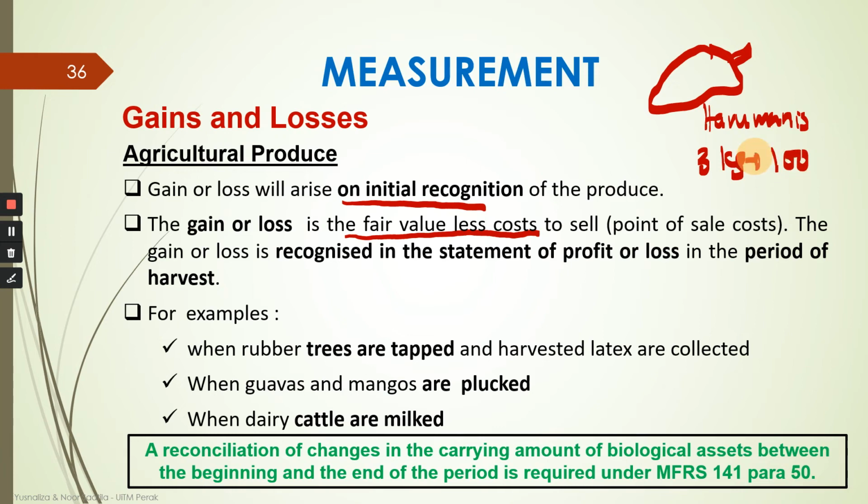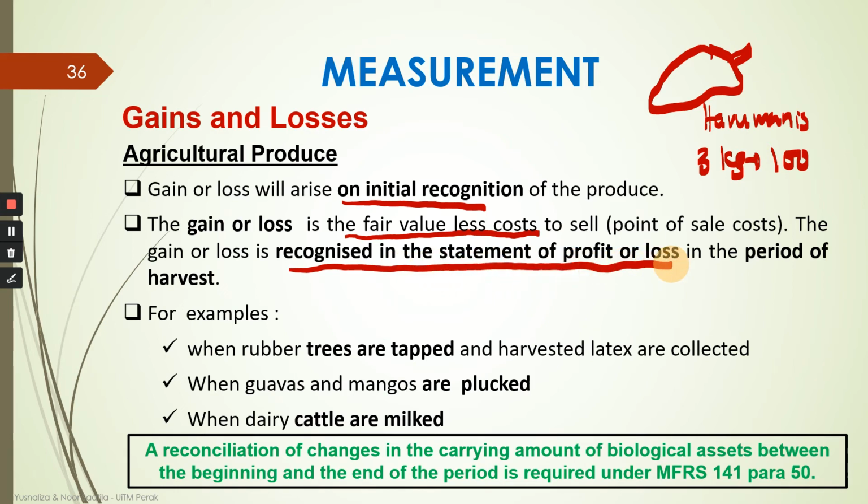So you may also need to look at the gain or loss of this mango or fruit on its initial recognition. On the day it was harvested from the mango tree, there is already a gain or loss, right? Of course there is a gain, unless everything that was plucked is all rotten mango. So the gain should be recognized to the statement of profit or loss.